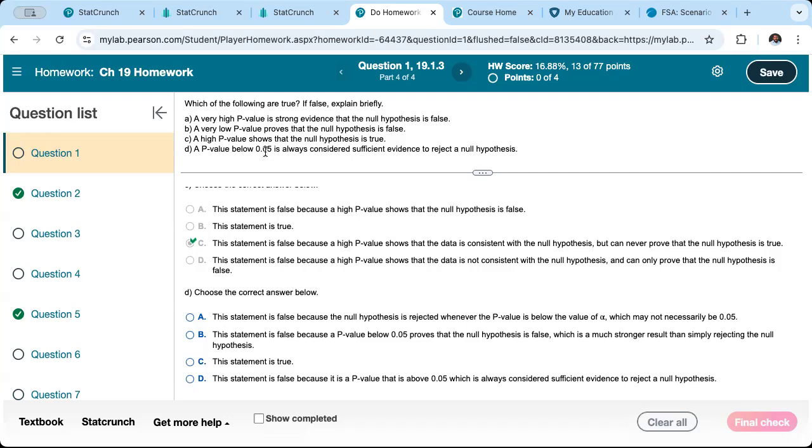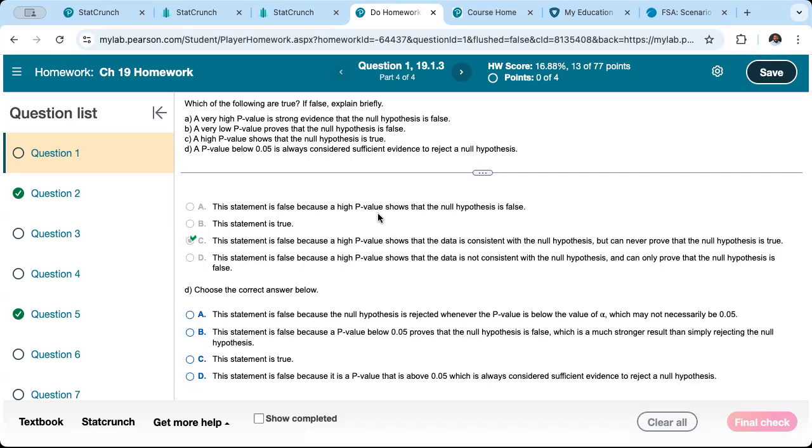So this statement is false because the null hypothesis is rejected whenever the p-value is below the value of alpha. And alpha may not necessarily be 0.05. We just learned that alpha could be 0.1, could be 0.01, could be 0.001.